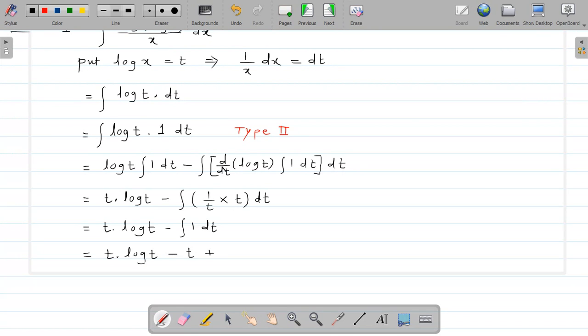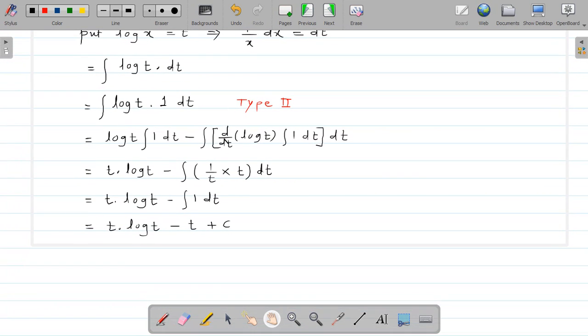So the integration is completed, so you have to write the constant here. Now resubstitute, because this is the substitution method, so we resubstitute t is equal to log x. So this is log x into log of log x minus log x plus constant.